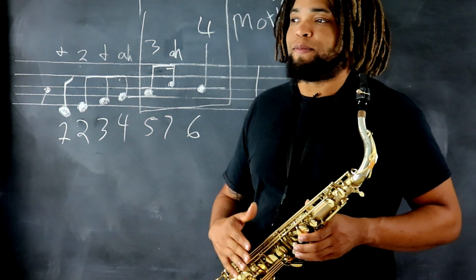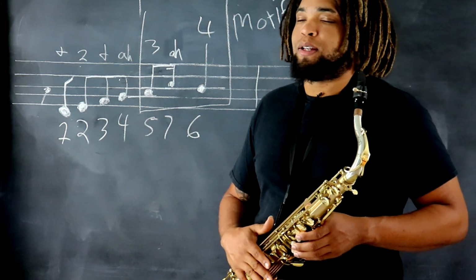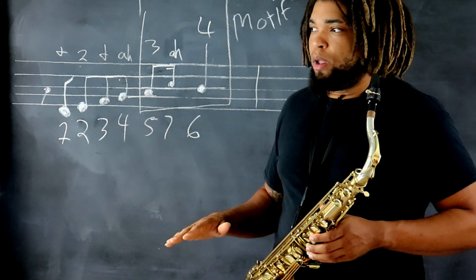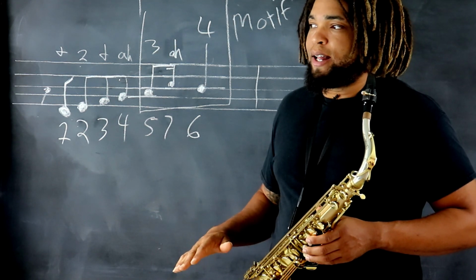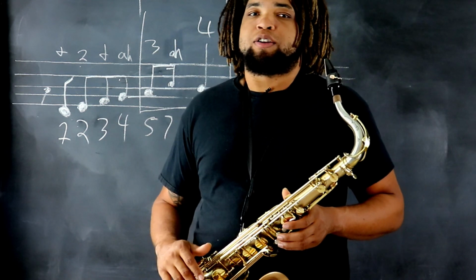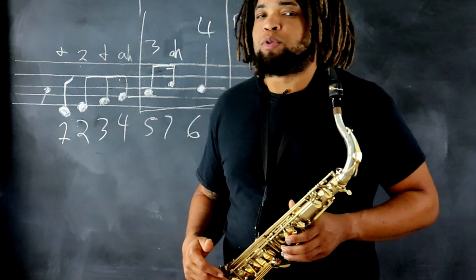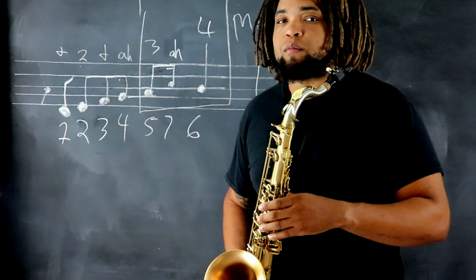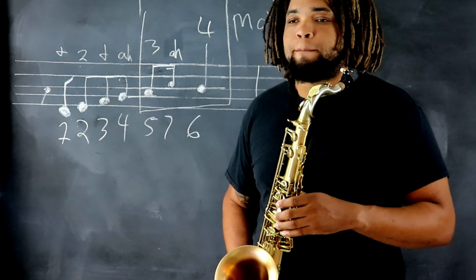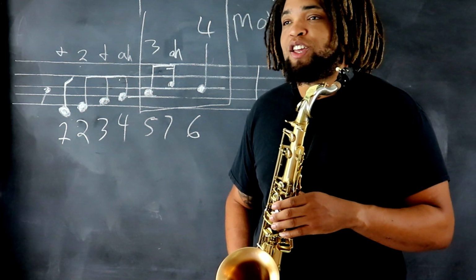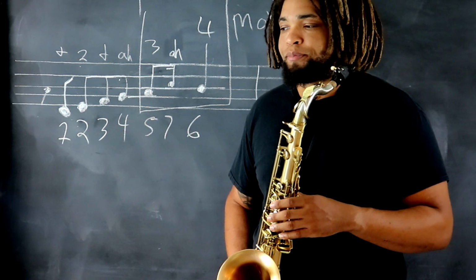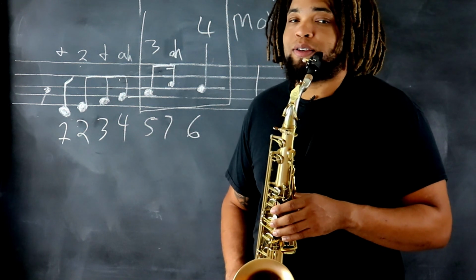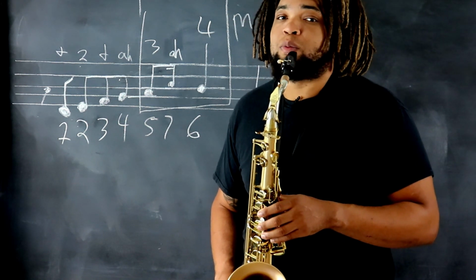So for the B flat tenor sax transcription, there's an E7 that occurs multiple times throughout this piece. And that E7 really gives us the ability to accentuate the harmonic minor scale in the tune.